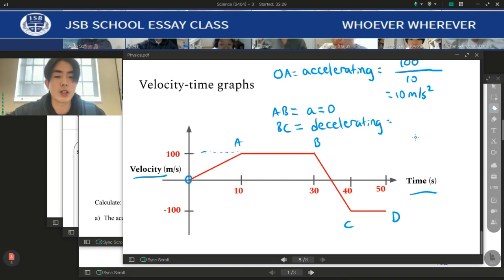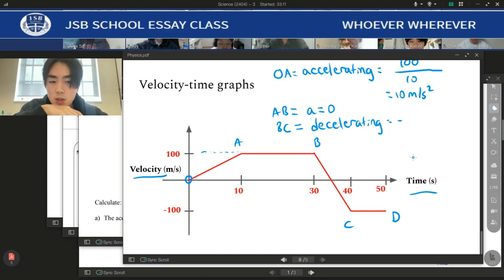So Jacob, what do you think the deceleration is in this case, B to C? Minus 10? How did you get minus 10? 2.5.